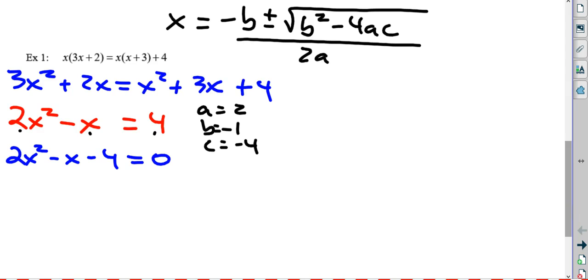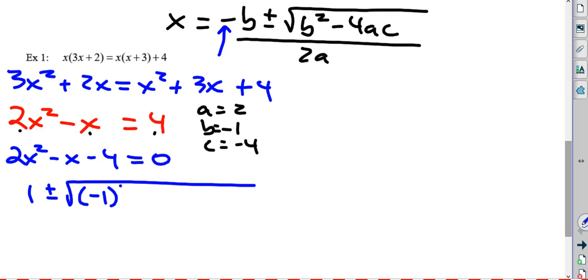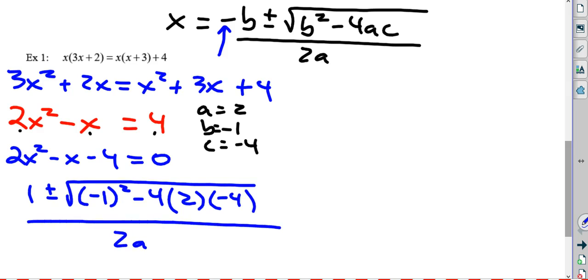Plug this in. b is negative 1, so be careful with the formula here. The formula says opposite of b. Be careful saying negative, because if you get a negative b, you don't change it. What you should get here is a positive 1, plus or minus the square root of negative 1 squared minus 4 times a times c, all over 2a.